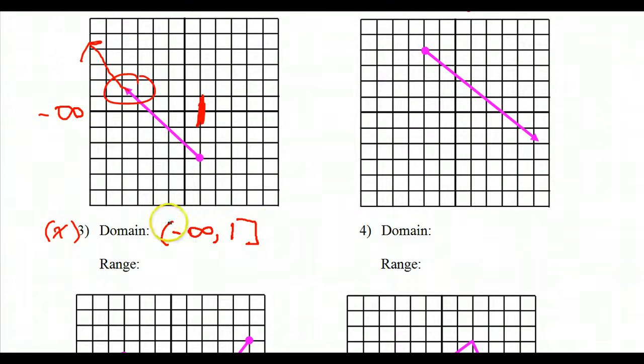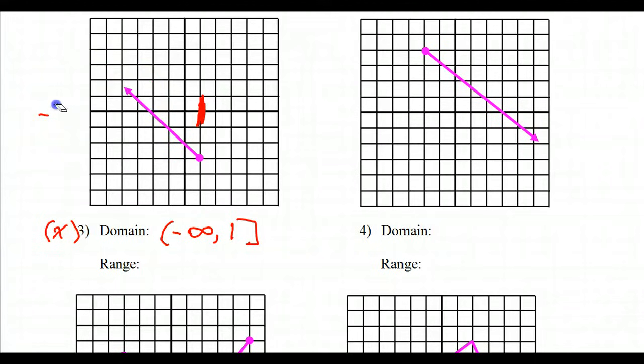I told you that round parentheses indicate that you're not including an endpoint. Well, infinity, you can never capture infinity. You can't contain infinity. So infinity will always get a round parenthesis. You can't include infinity because you can't get there. But on the right-hand side, we will use our square bracket to include that positive 1.